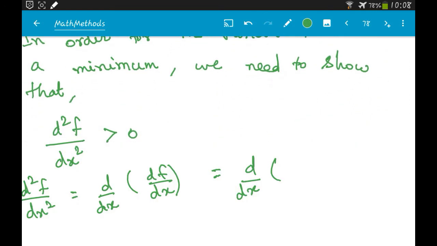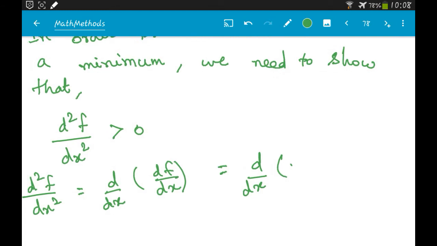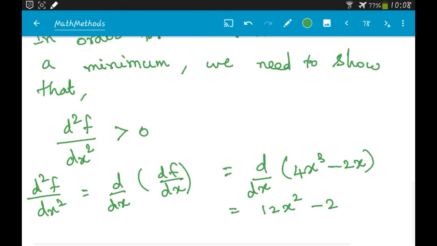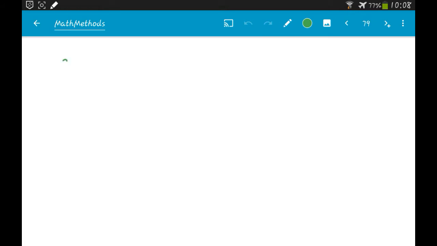Alright. So we have d by dx of 4x cube minus 2x. So this is going to be 12x square minus 2. Okay, so this is your d square f by dx square, which is 12x square minus 2.